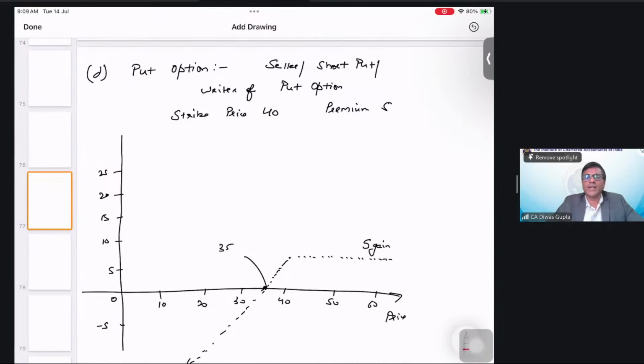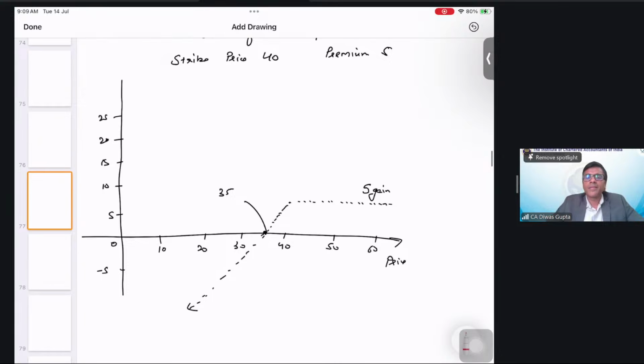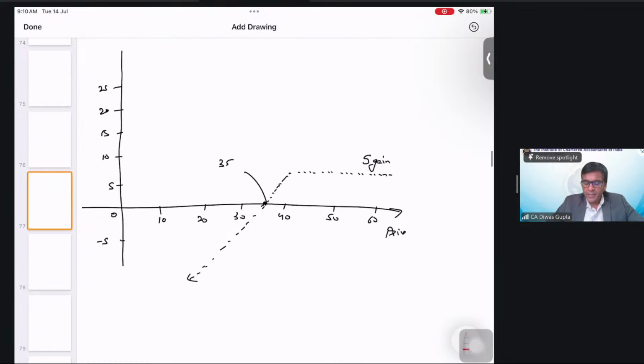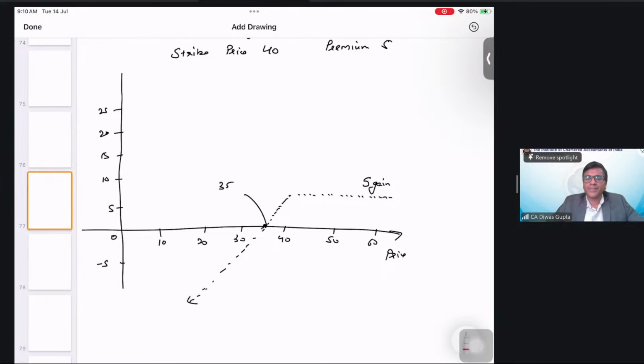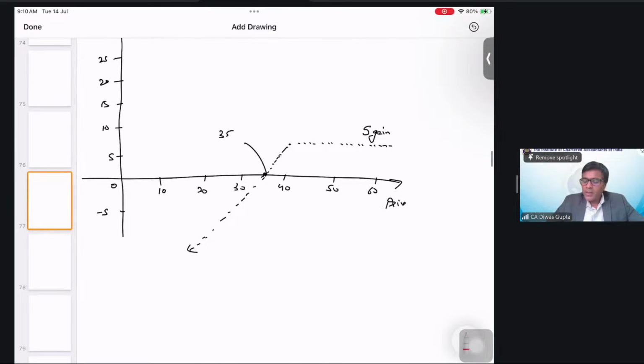Now the last case in this, students, let's come to the put option seller, or we can say short put or the writer of the put option. Here the strike price is 40, the premium is 5. Correct? So what is going to happen here, students? Now here the gain is limited, right?